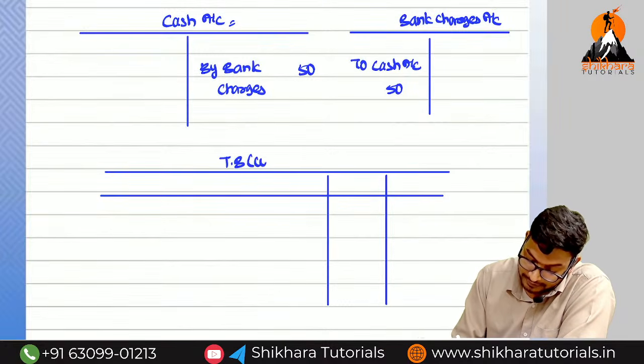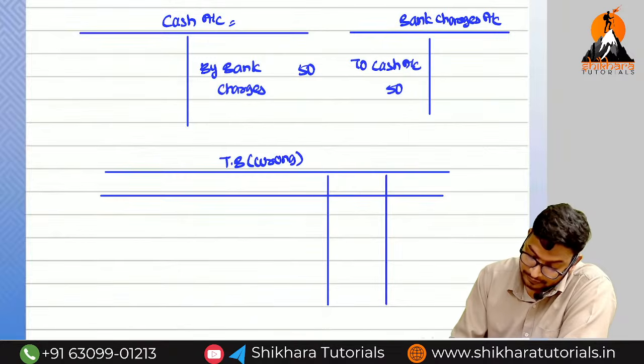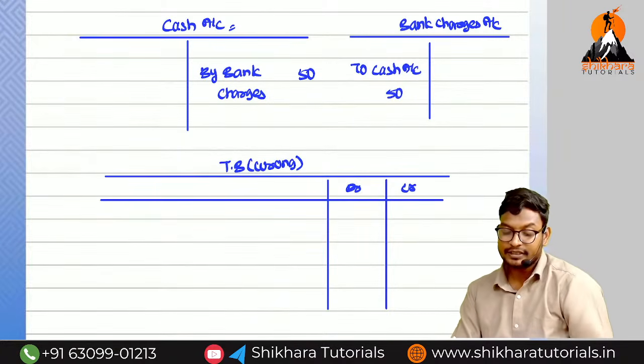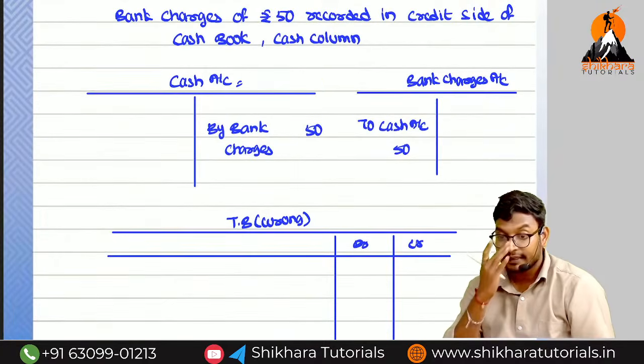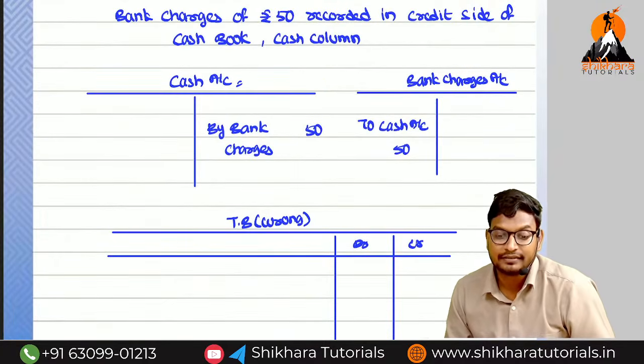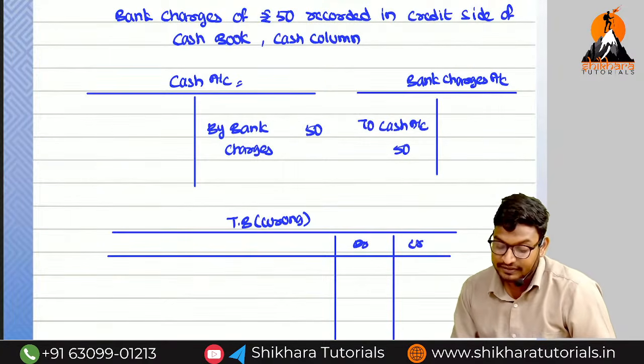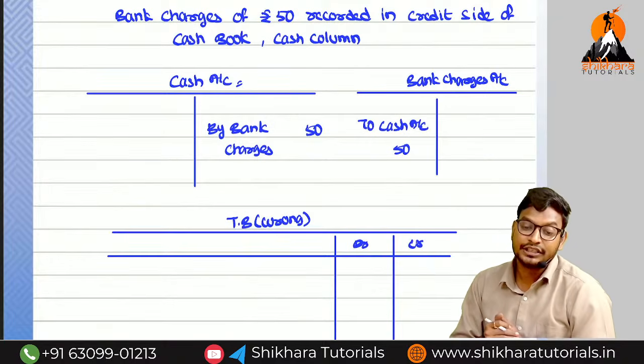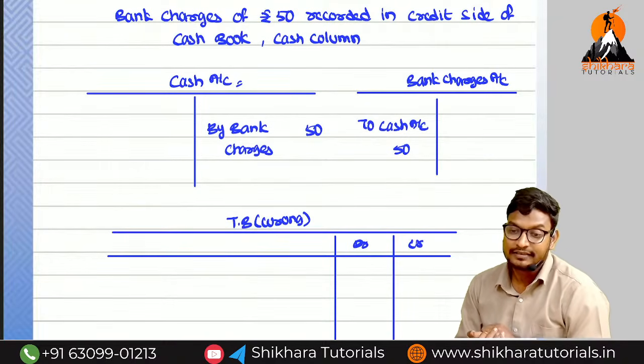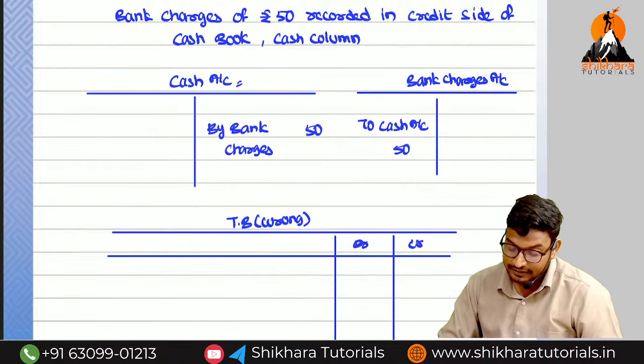This is a trial balance, the wrong one. So debit rupees and credit rupees. Cash account is showing which balance? Cash account is showing the credit balance because the credit side is more than the debit side. And bank charges account is showing which balance? Bank charges account is showing the debit balance because the debit side is more than the credit side.